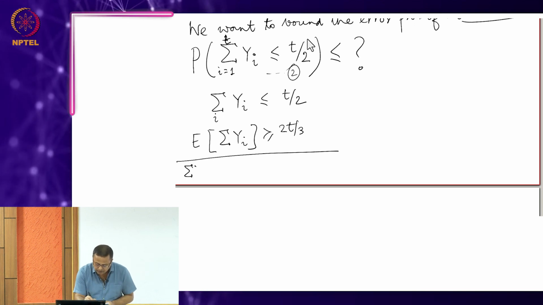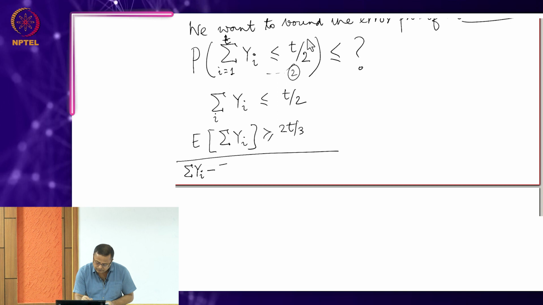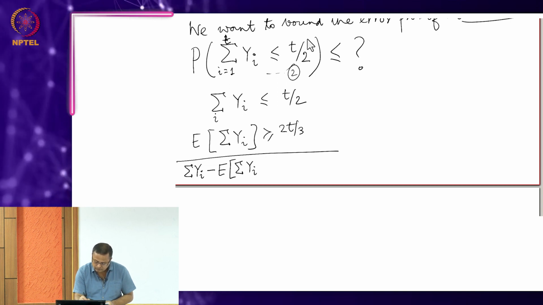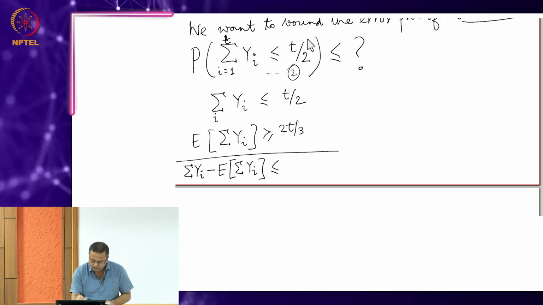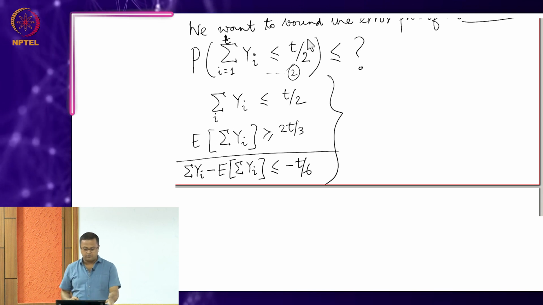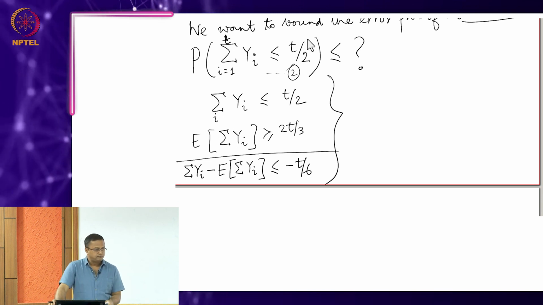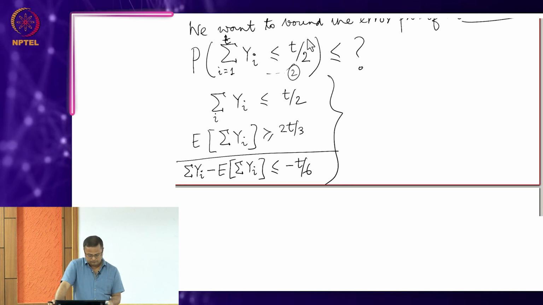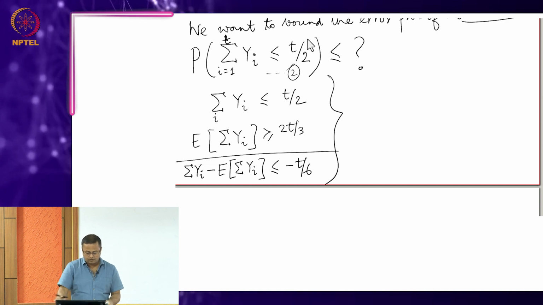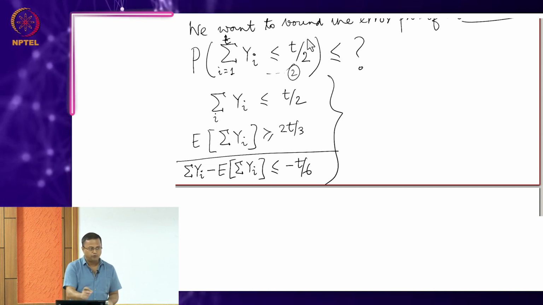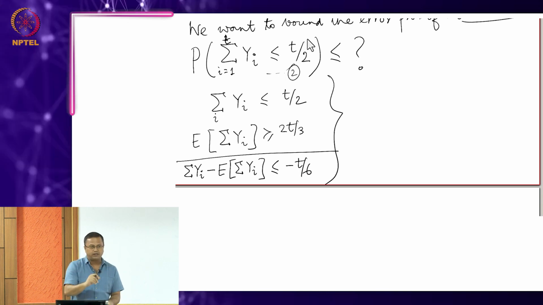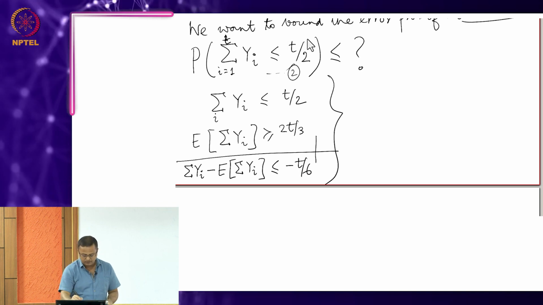So, if you subtract in here, this is what you get, right. So, you obviously have to have this in the opposite side, and then you can add the left hand sides of the two inequalities of the same type in the right hand side, and then you can get this one.